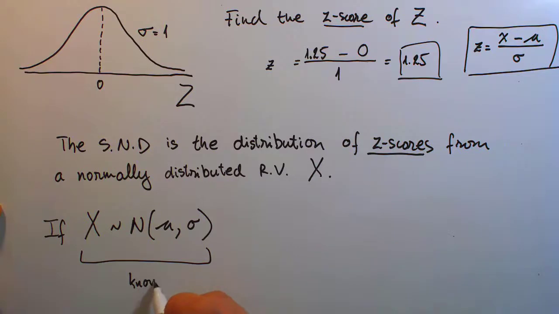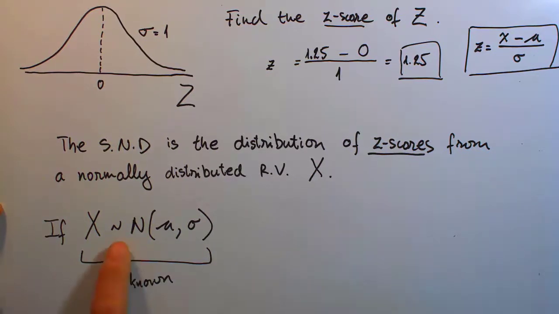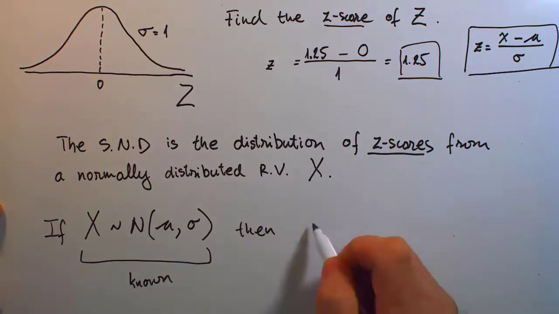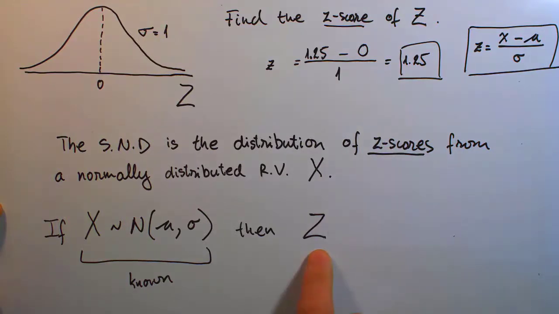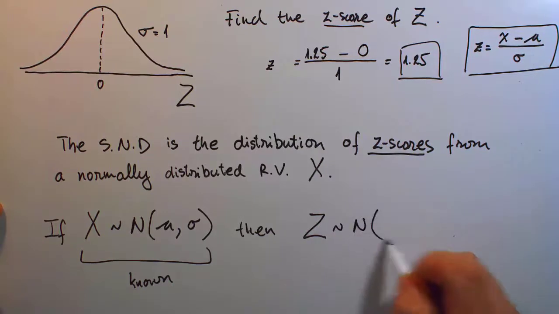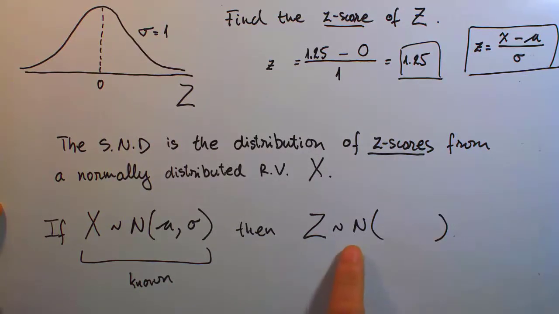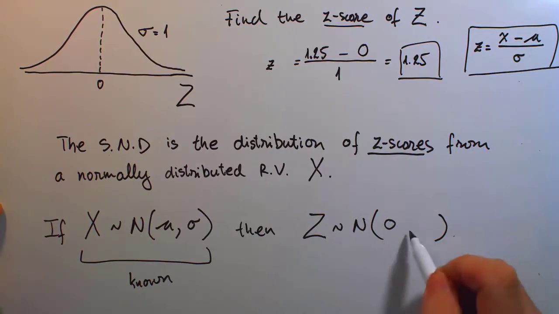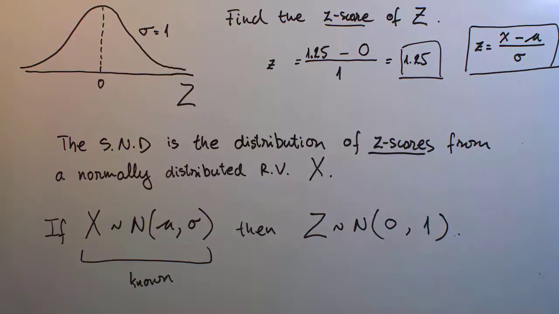So if we know that some population x is being normally distributed with mean mu and standard deviation sigma, then it must be for sure that all the z-score population coming out from this x population must also be a normal distribution. And furthermore, that normal distribution here is centered at 0, mean 0, and standard deviation 1. And this population of z-score right here is known as the standard normal distribution.